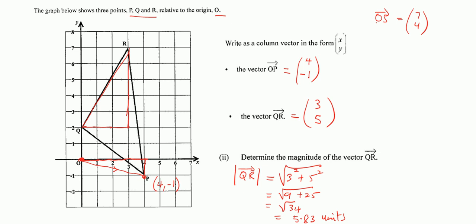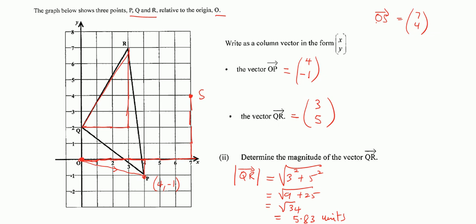So we have O here. We go 1, 2, 3, 4, 5, 6, 7 across, and then we're going to go 4 up: 1, 2, 3, 4. So therefore this point here will represent the point S.